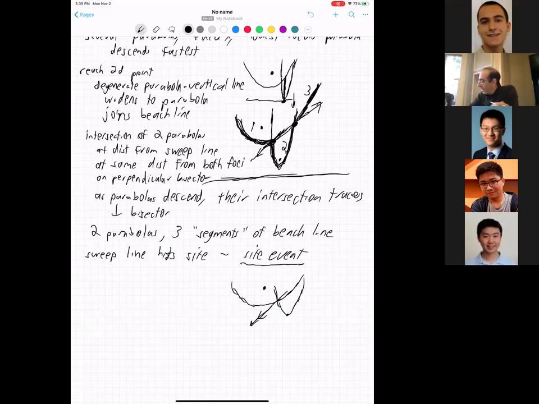What other interesting events are going to happen? Well, at some point your bisector might stop. Good. So at some point, my bisector is going to stop. What does that mean? Well, if you think about the Voronoi diagram, what happens is that some other bisector hits it, right? And out comes a third bisector, right? So this is a Voronoi point, right?